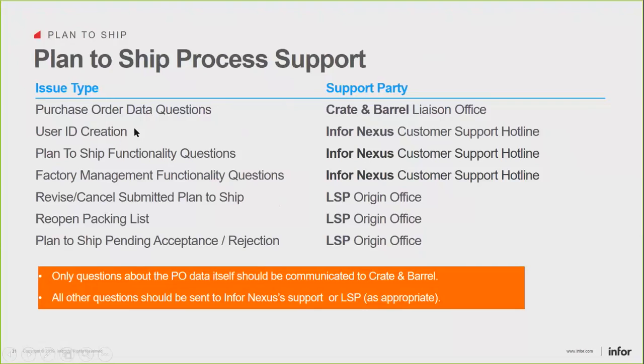If your issue is user ID related, Plan to Ship functionality related, or factory management functionality related, contact InfoNexus customer support. For revising or canceling the submitted Plan to Ship, or reopening the packing list and the Plan to Ship, if the Plan to Ship is still pending for LSP to accept or reject, contact the LSP origin office.